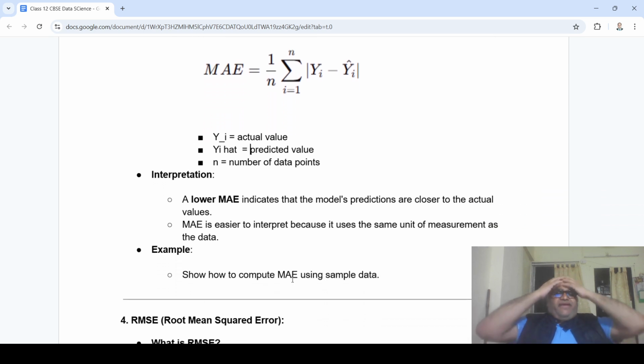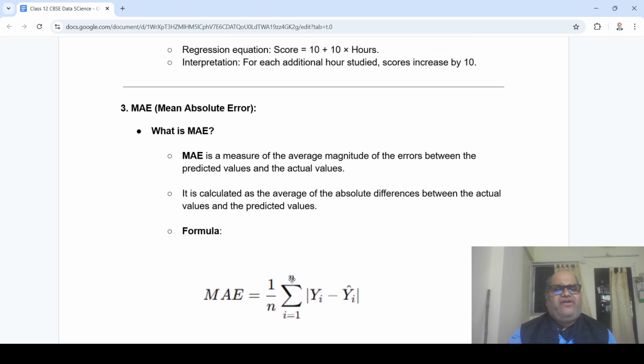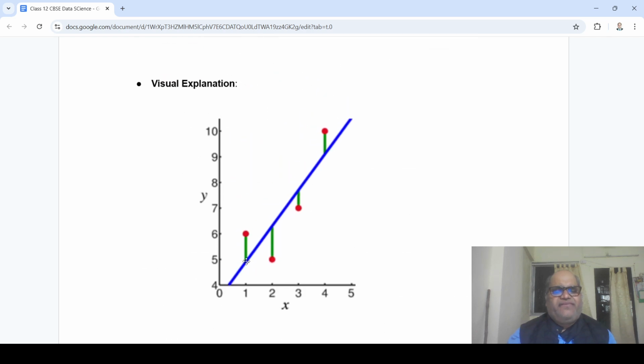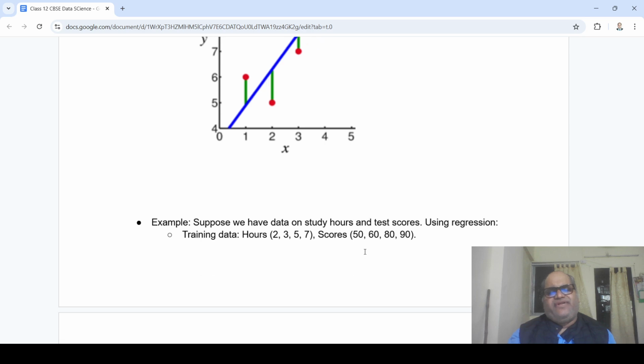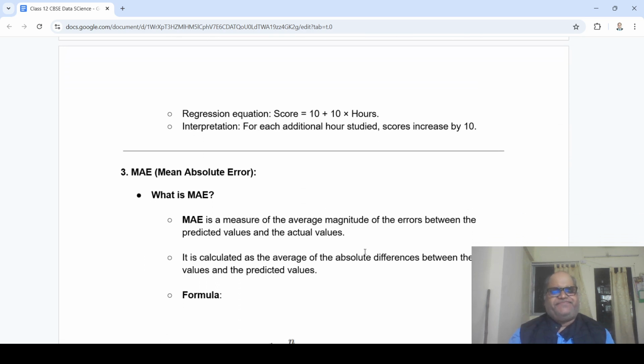How to interpret MAE? Lower is better, because you get a lower MAE if the absolute differences are smaller. If you divide it by the total number of data points, the smaller the difference, the smaller the MAE, and that reflects a better fit. So smaller is better for MAE.